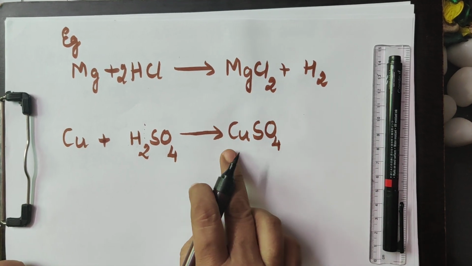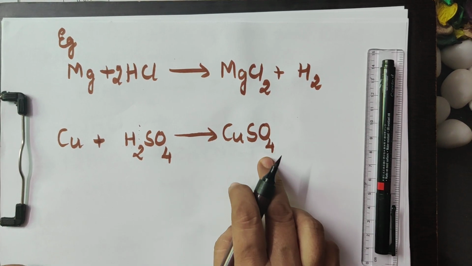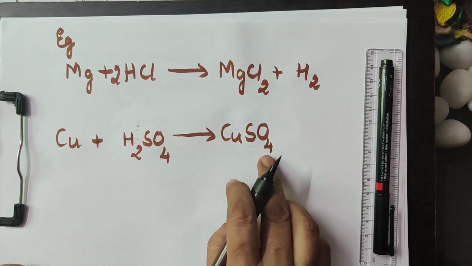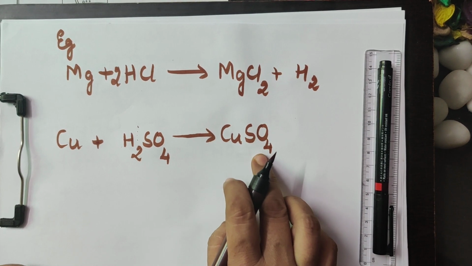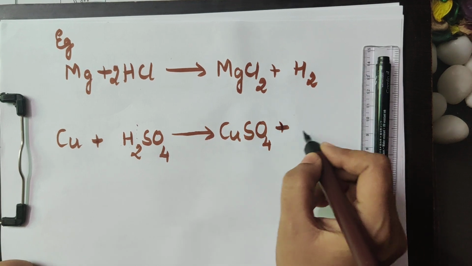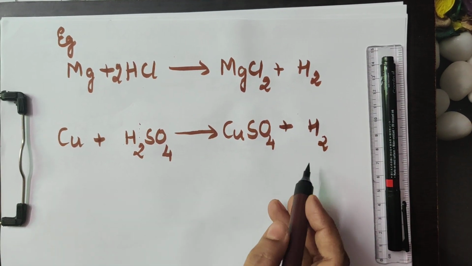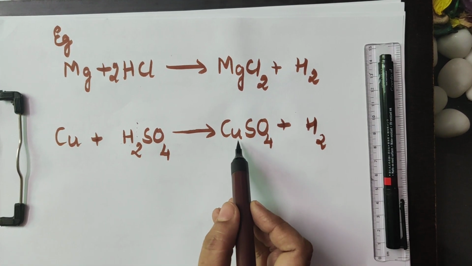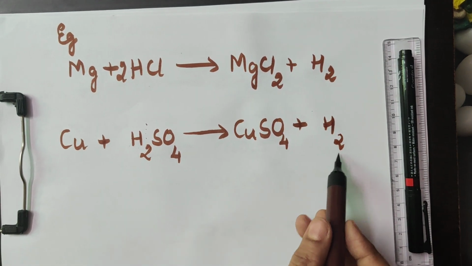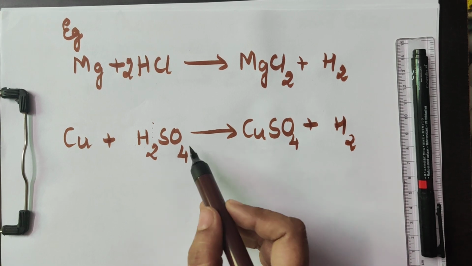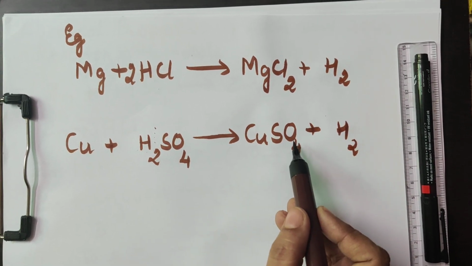Check the valency: copper 2 plus, sulfate 2 minus. So the valencies cancel, hence the formula is CuSO4, and hydrogen gas is liberated. This reaction is balanced: copper 1, 1; hydrogen 2, 2; sulfur 1, 1; oxygen 4, 4.